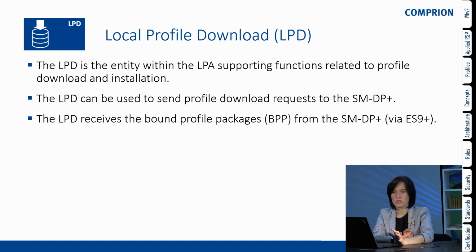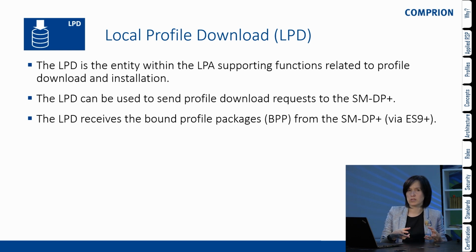Now I'm going too fast. Actually the functionality of the LPA is basically to transmit the profile to the eUSSC. So the LPA is receiving the profile data. This data is cut into pieces with the store data commands known from the Global Platform, for example. And then it transfers the data to the eUSSC.